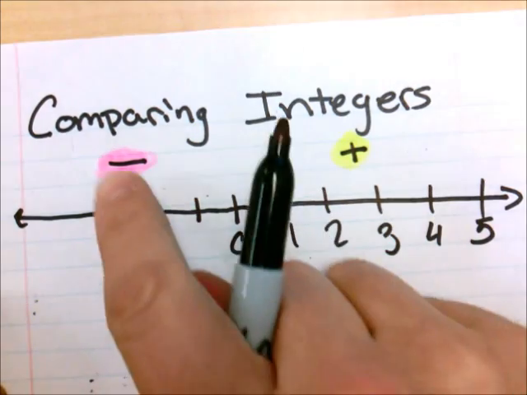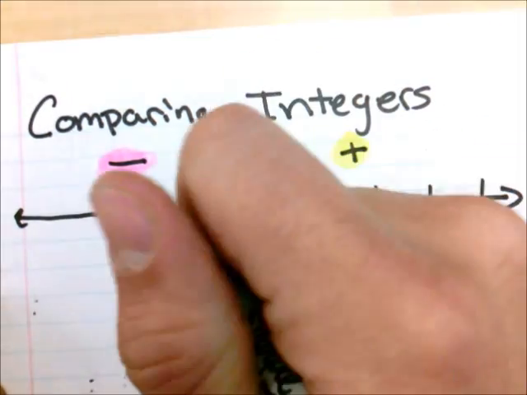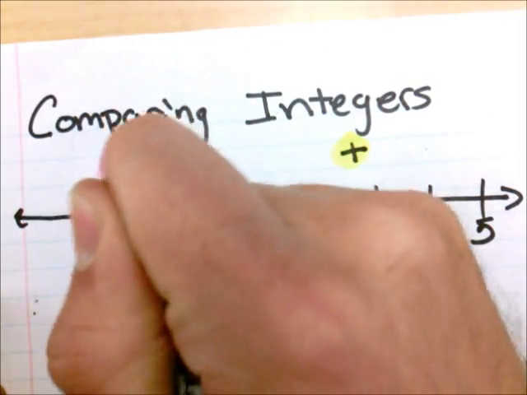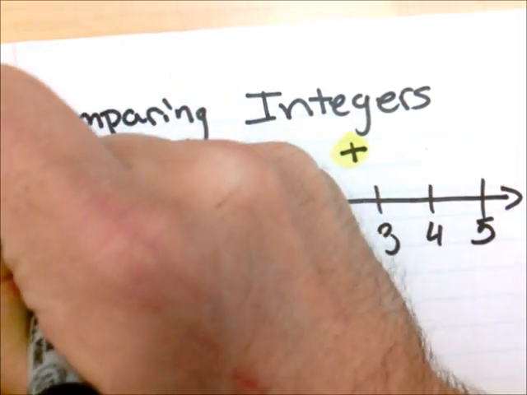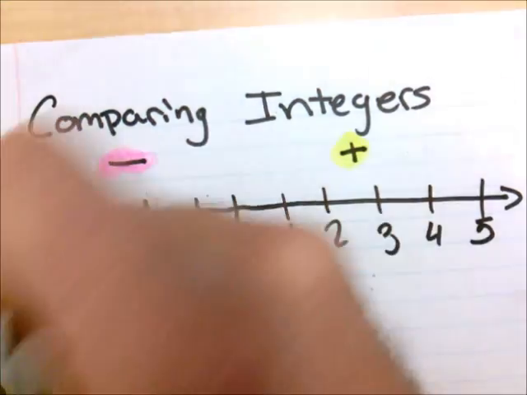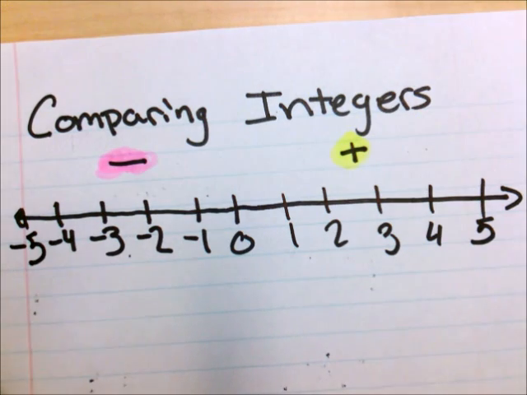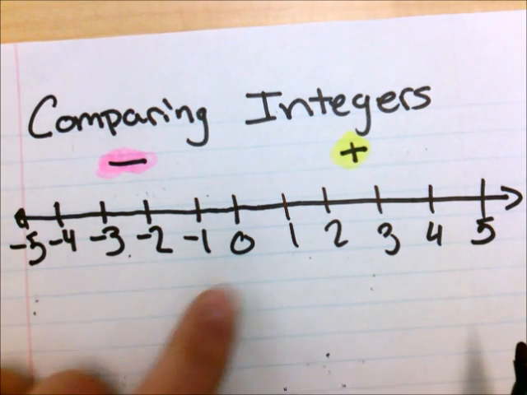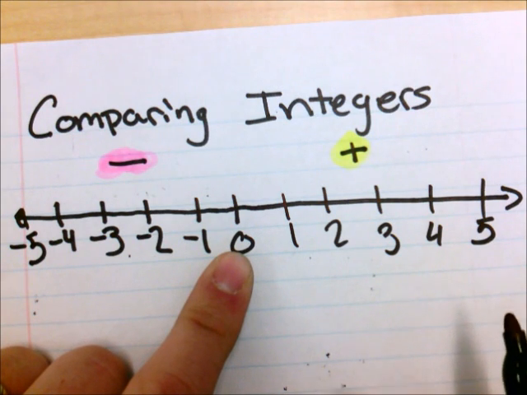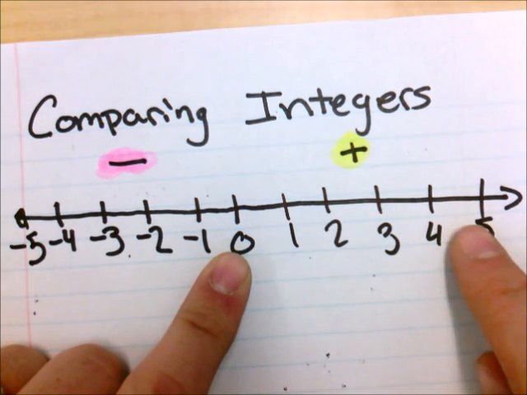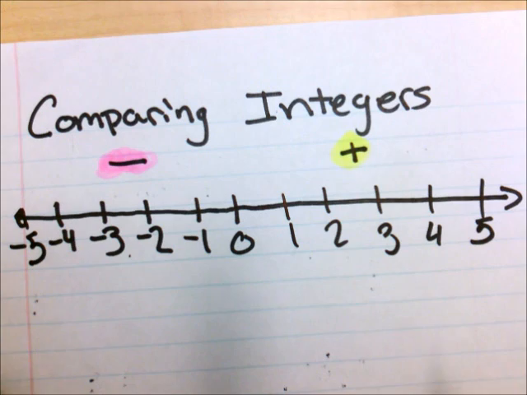My first one over here is going to be a negative 1. Negative 1, negative 2, negative 3, negative 4, and since I have a positive 5 over here, we'll put a negative 5 over there just to balance things out. So we have our negative numbers over here, we have 0, which is a neutral number, and then we have our positive numbers to the right, which are our normal numbers that we know.